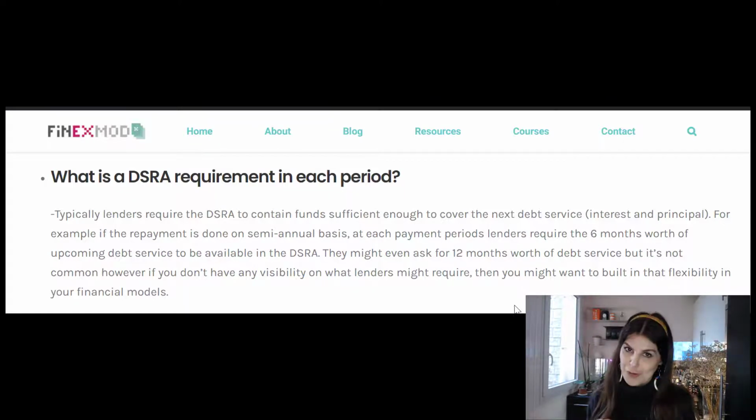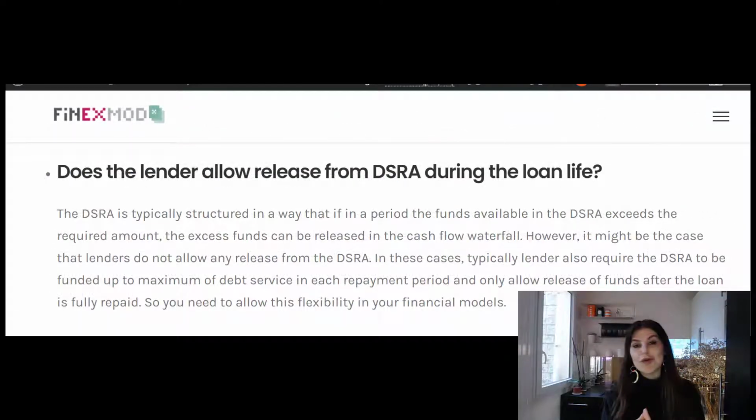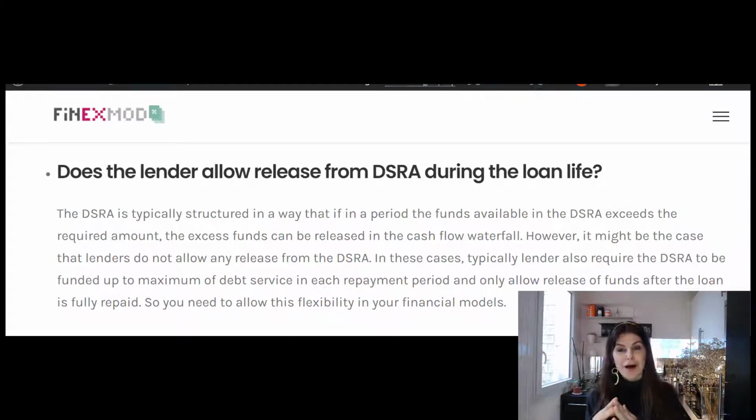in each model period. Another important question to ask is whether lenders allow any release from the debt service reserve account throughout the life of the loan. There might be cases where, as in the pre-funding of the debt service reserve account we talked about, remember we said one option is to fund the debt service up to the maximum of periodic debt service.